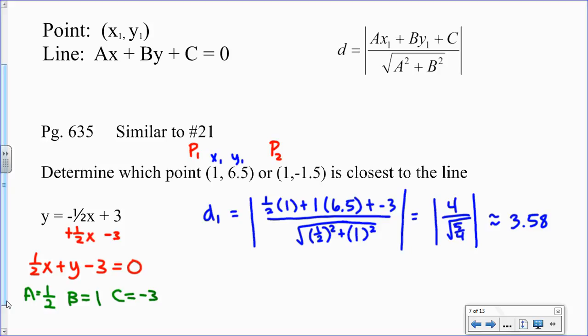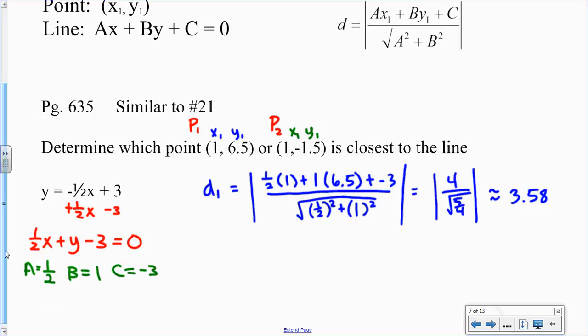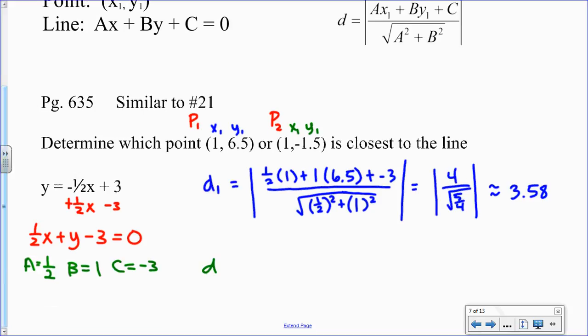Now I want to see then for point 2, if that's closer than 3.58. So this is now my x1, y1. So I have 1/2 times 1 plus 1 times -1.5 plus -3. And then my denominator hasn't changed because that's still A and B. That still has to do with the line.